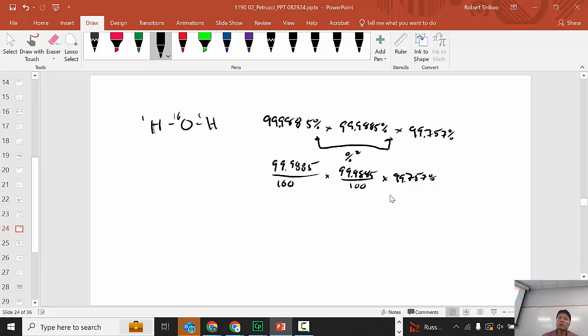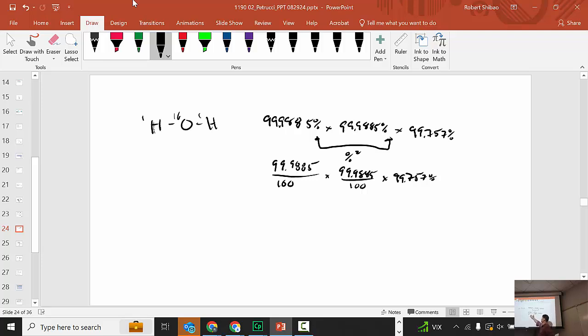So this comes out to 99.757%, but the way I read this is: 99.9885 out of 100 will have H1 out of this percentage. So out of this percentage, how many will have H1 on the left, and out of this percentage, how many will have H1 on the right?